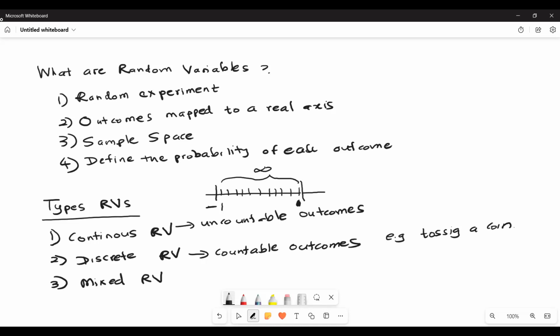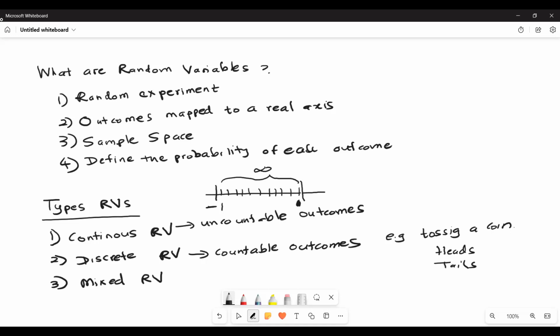When we toss a coin, the outcome is a random variable which is discrete in nature, and the outcome will be heads or tails, right?